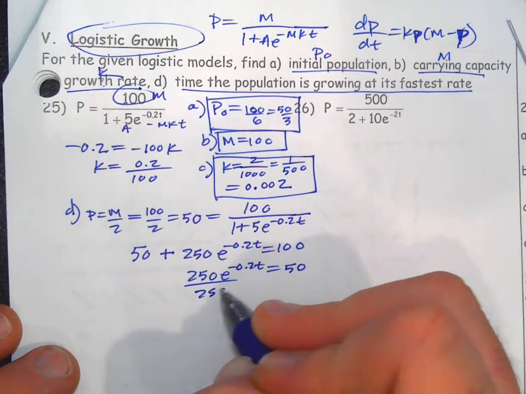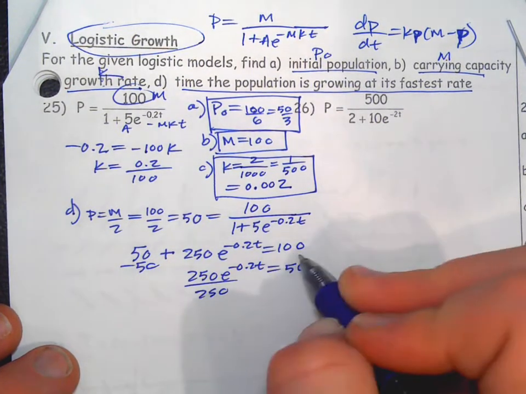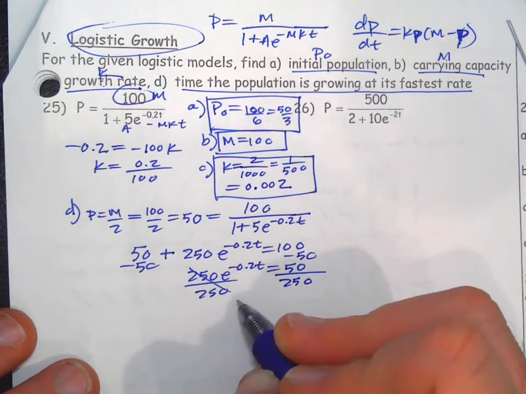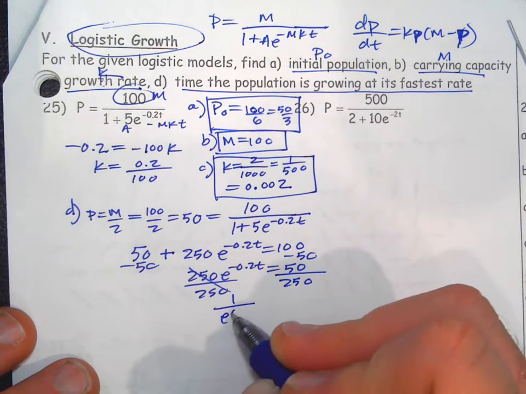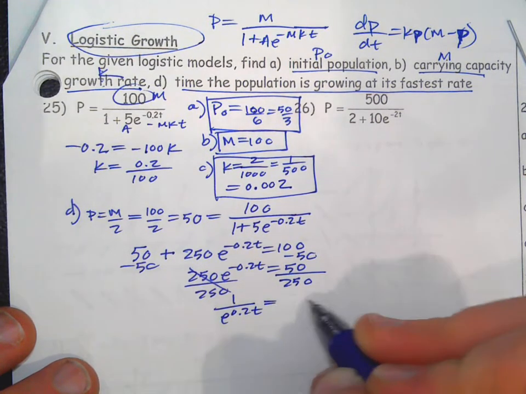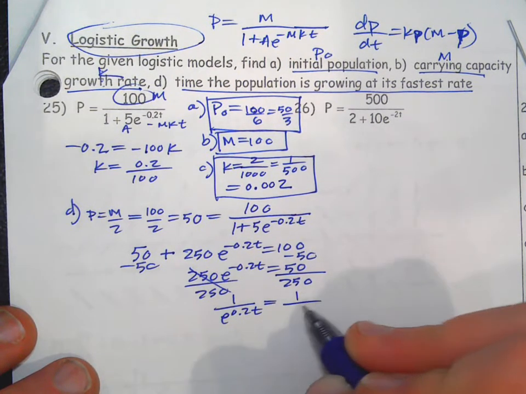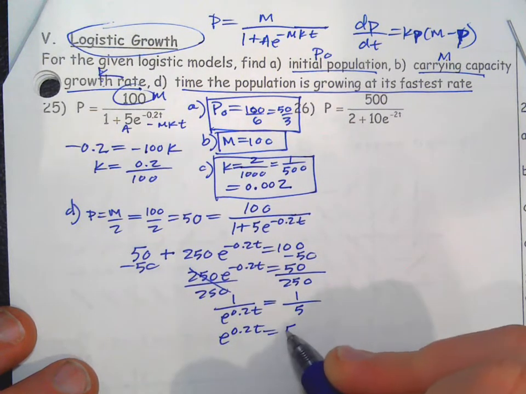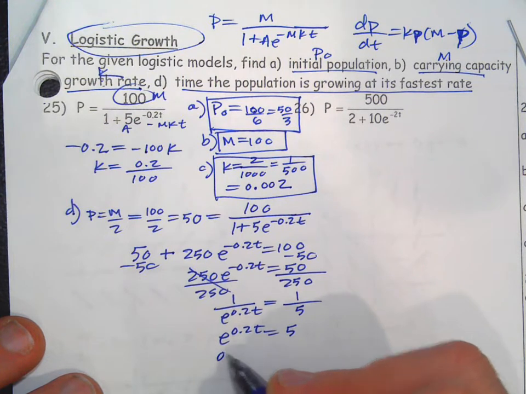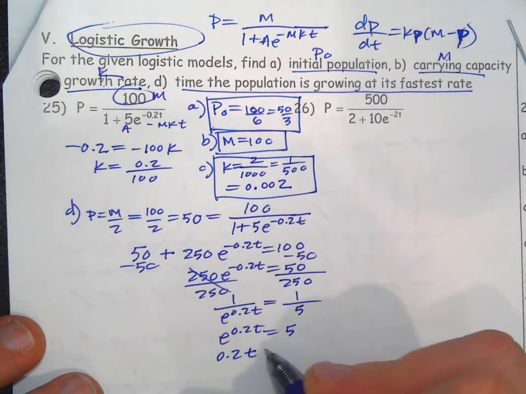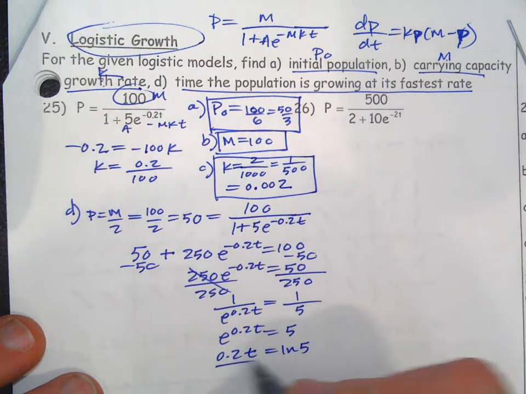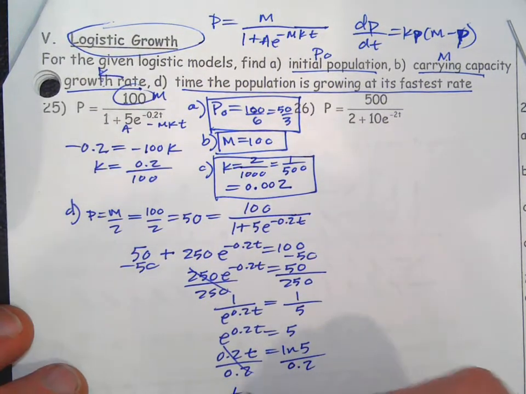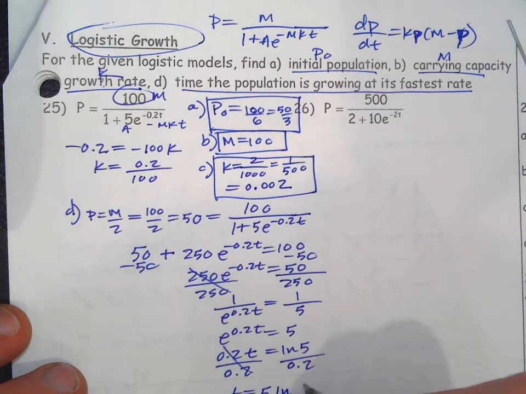Divide by 250. I'm going to rewrite this as a positive exponent. I'm going to flip both sides. I'm going to take the natural log of both sides. And then I'm going to divide by 0.2, which is the same thing as multiplying by 5. So t equals 5 natural log of 5.